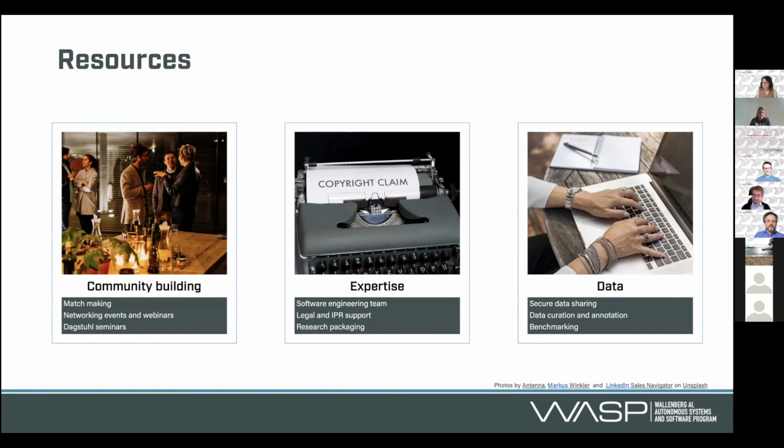In addition to this, we provide expertise to break down barriers for collaboration. This can, for instance, pertain to legal and IPR support and software engineering. And then finally, we want to offer data services. This can be curation and creation of data and also annotation with ground truth and benchmarking. And the idea is, of course, to build on top of existing infrastructure.